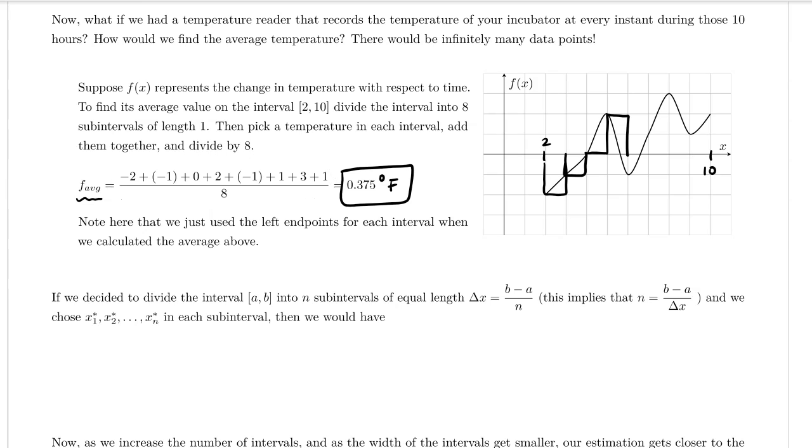If we decided to divide the interval a to b into n subintervals of equal length delta x, which is equal to b minus a over n, which also implies, if I took this equation and solved it for n, that n is equal to b minus a over delta x, and we chose our sample points x1 star, x2 star, all the way to xn star in each subinterval, then we would have the following.